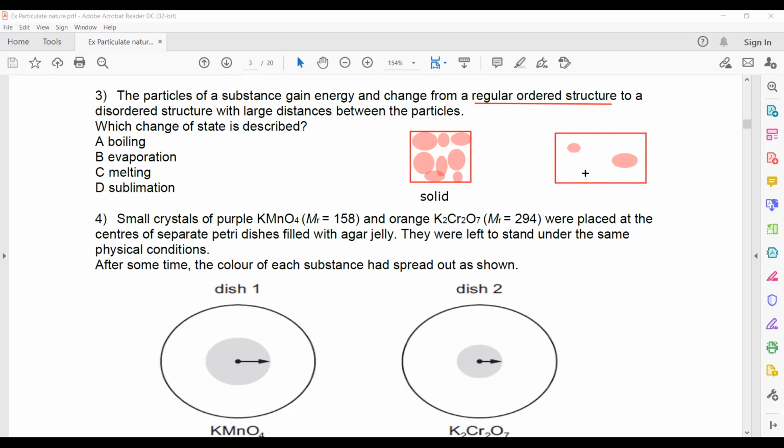So if the particles have large distances between them, it shows it is a gas. So when a solid directly changes to a gas, we call that sublimation. Is it clear to everyone?